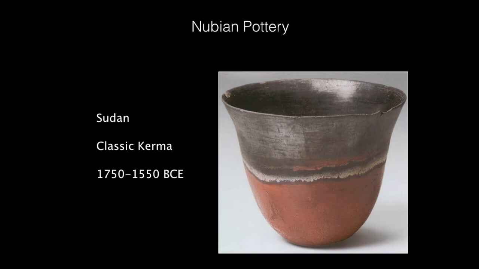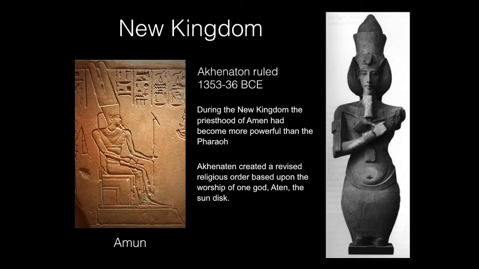One very interesting change happens, aside from all the great continuity in Egyptian art. There's a period called the New Kingdom, where a pharaoh named Akhenaten ruled from about 1353 to 1336 BCE.